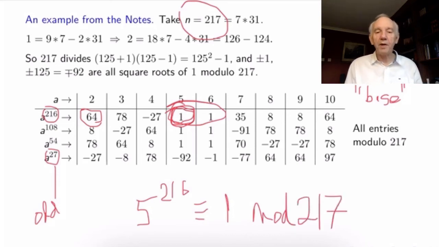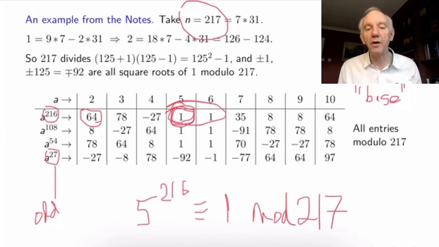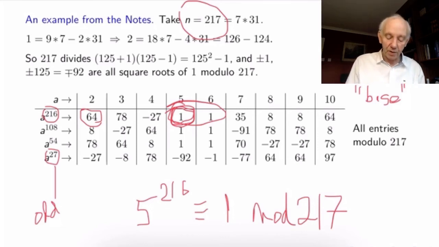So in that sense, it passes Fermat's test, even though it's not a prime number. But if we take a square root and ask about 5 to the power 108, well, it turns out that's also 1. It could have been minus 1. It's actually 1.